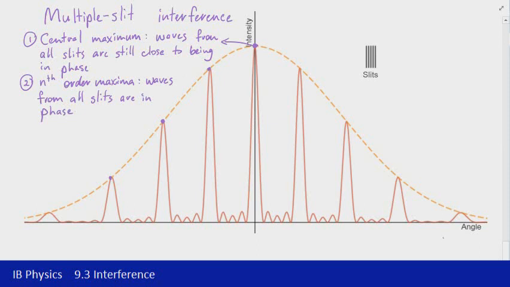So for each of those points there we have that same idea, so they're all still in phase. Now we can combine both of these 2 points and identify that what we're really dealing with there is constructive interference.